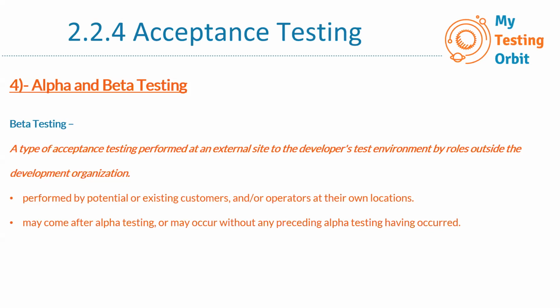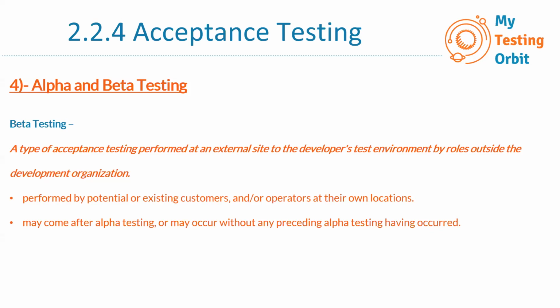Okay, so the last point is saying that it can occur after alpha testing is successfully passed, or in some cases, alpha testing can be just skipped and only beta testing is done.